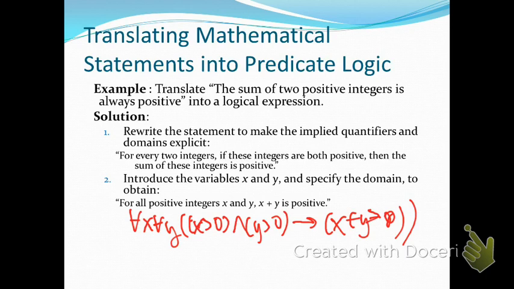Okay, so for all x for all y, we first want x and y to be positive. Then x plus y is positive. Okay, and this is the domain, all integers.